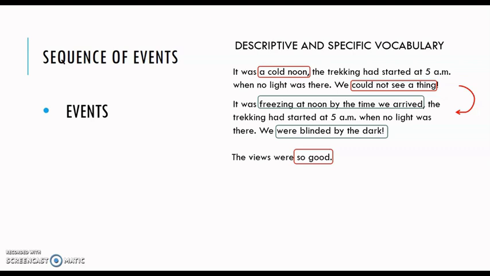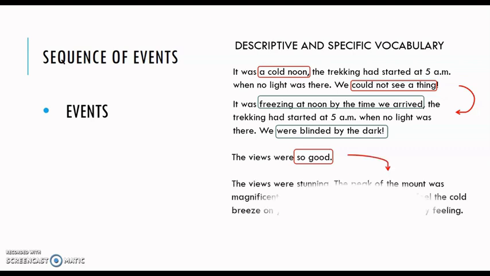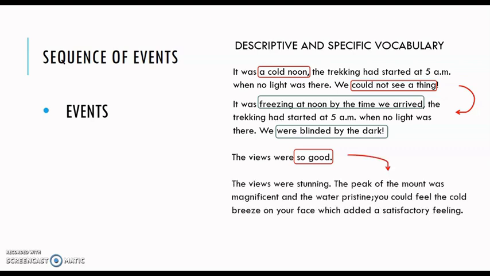What do we mean by so good? Let's have a look at this example. The views were stunning, and we will add more information. The peak of the mount was magnificent and the water pristine. You could feel the cold breeze on your face, which added a satisfactory feeling.